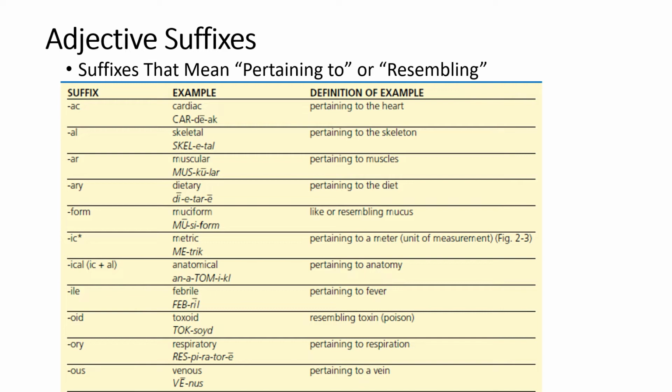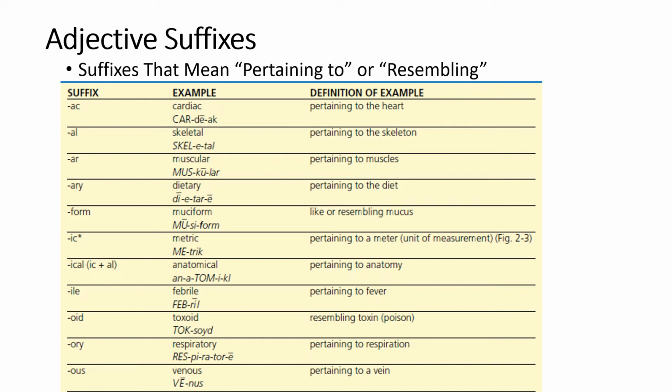Muscle or musculo means muscle, and ar means pertaining to. Next is ary, the example is dietary, pertaining to the diet.